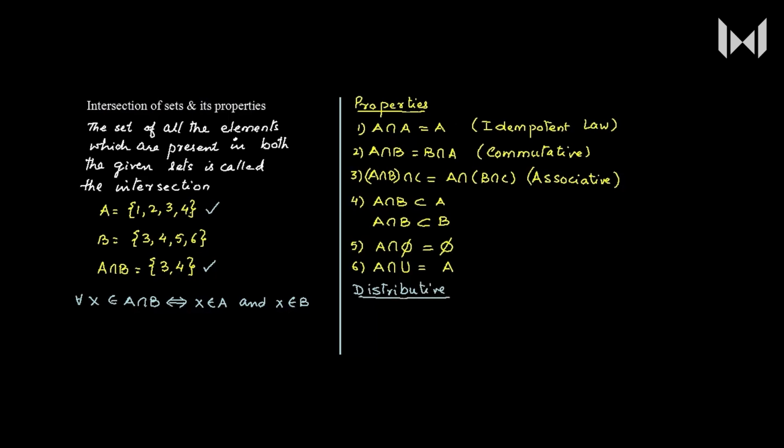Now distributive property, the first one is intersection over union, and that is A intersection B union A intersection C, and the second is union over intersection, and that is A union B intersection A union C.